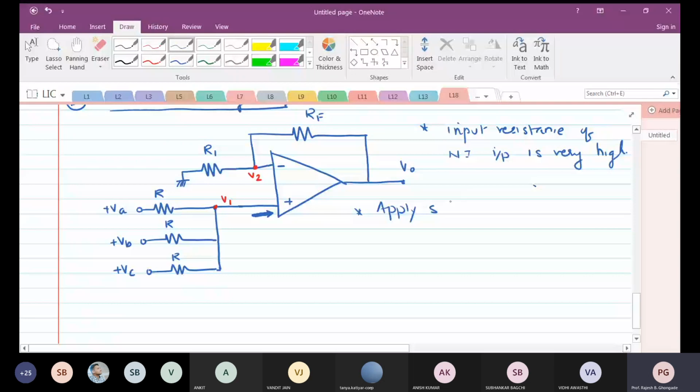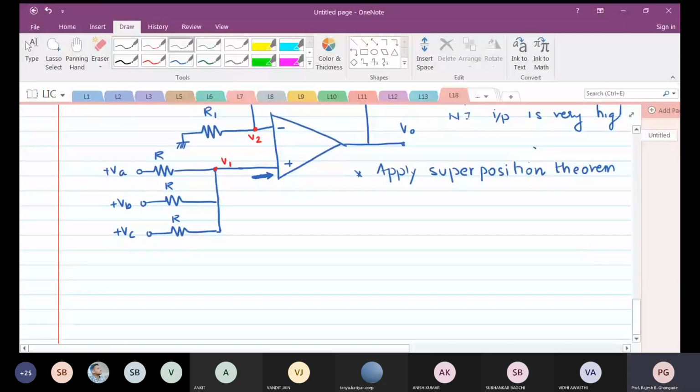It is not that straightforward. What does the superposition theorem say?